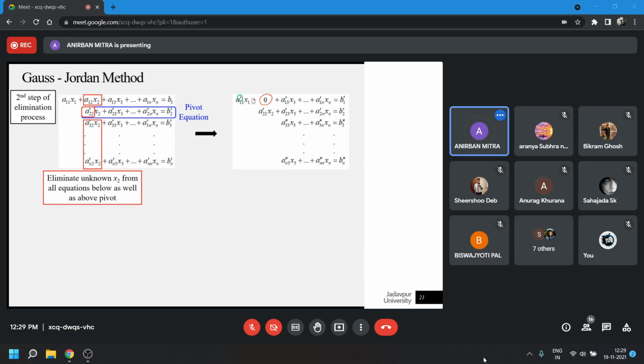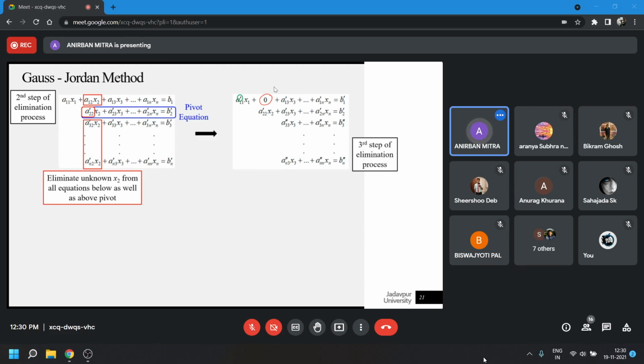Also note that there is a dash term that appears on this first equation as well. These coefficients are also changed because we have made the modifications to the equation above the pivot as well. So these coefficients have also been modified. That is why this term goes to 0.